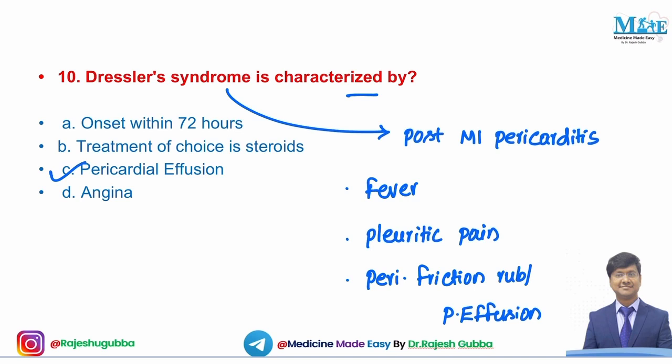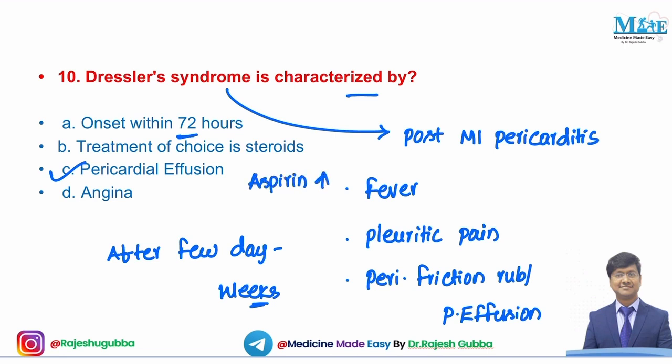So it is characterized by pericardial effusion and occurs within 72 hours is a wrong statement. It occurs after few days to weeks after myocardial infarction, right? And the treatment of choice is not steroids. We give the anti-inflammatory drugs, that is the aspirin should be given in high dose, right?